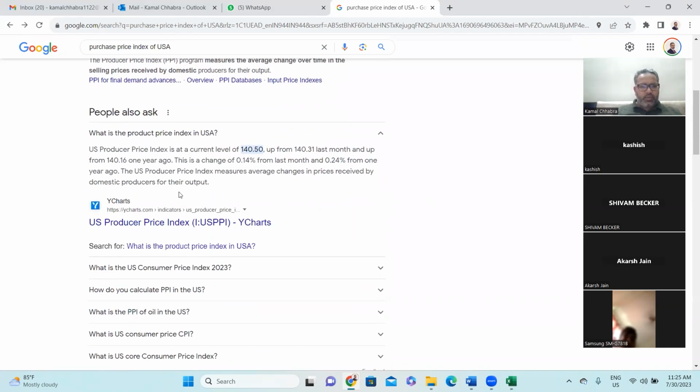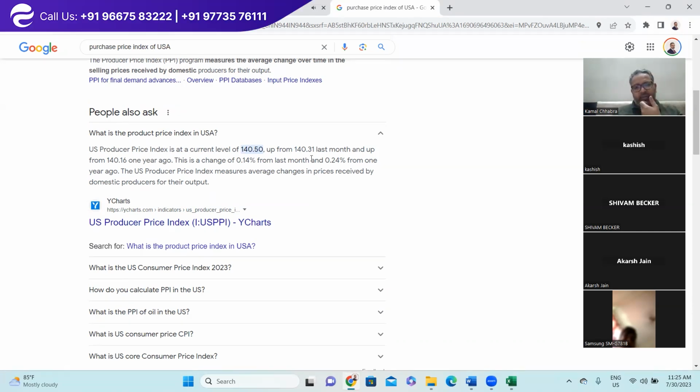For example, US producer price index current level is this, up from this. Last month it was 140.31, and 1 year ago it was 140.16. So it has moved from this number to 140.50.